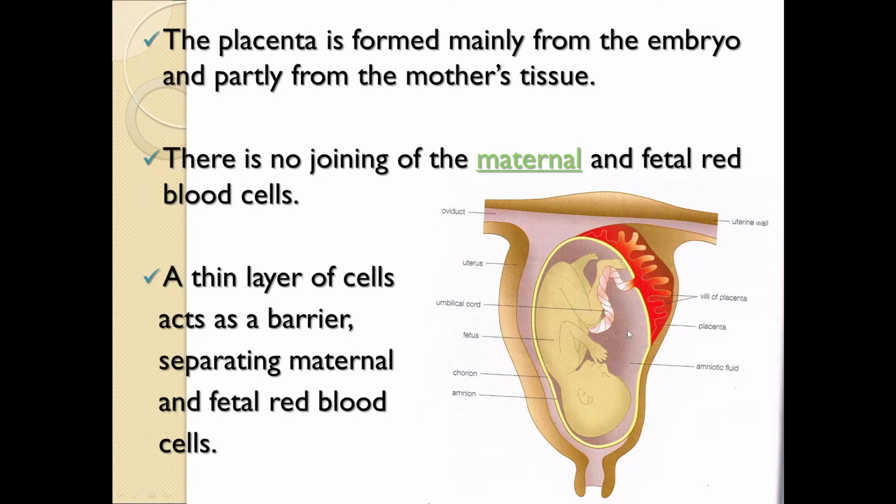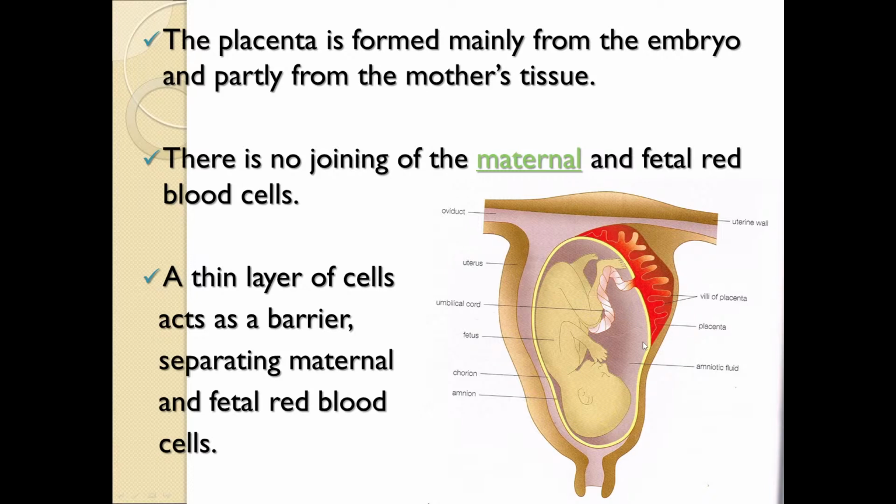Now this amniotic fluid is very important to surround the developing fetus, because it is what helps to cushion the baby during pregnancy, because the female is always moving around. That whole lot of vibration can have a damaging effect on the developing fetus.